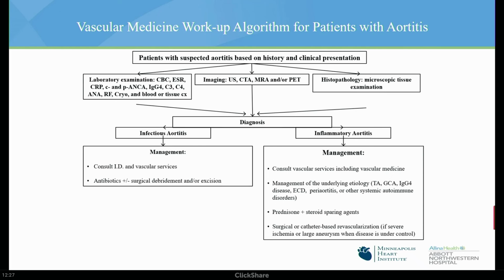I take over these cases as long as they don't have an indication for vascular surgery, and we follow hand in hand with the vascular surgeons to help each other manage these patients. The treatment is based on the underlying etiology. And if they require surgery or revascularization, I make sure the patients are stable before my vascular surgeon colleagues operate on them.